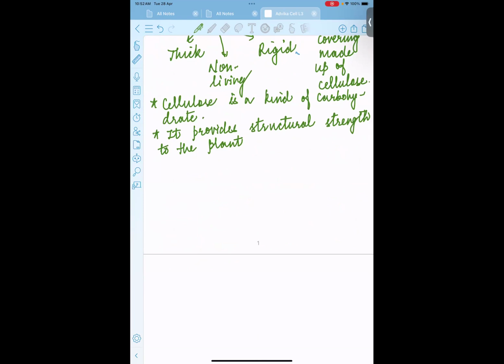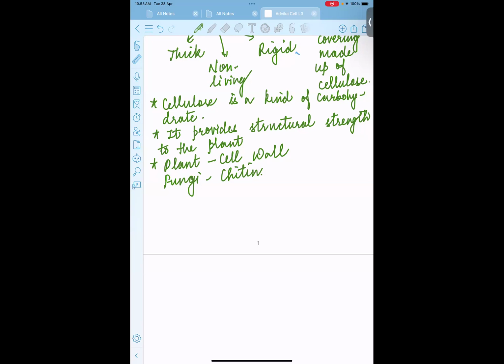Whereas if I talk about the fungus, they will have chitin, which they are made up of. So that is the difference between the both of them.